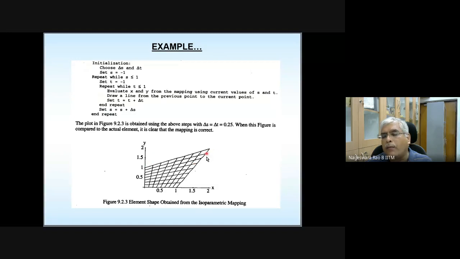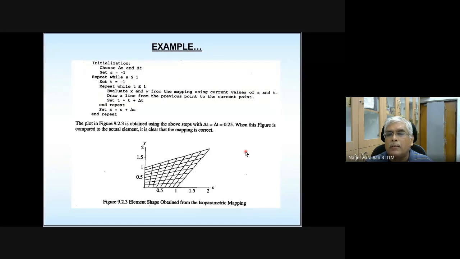If there are any folds in this plot, if there is anything like folded, then there is going to be an issue. Anyway, if you plot it, this is how it looks. And there is no unusual thing reflected here. So the mapping is correct. Okay. So now let's take another example.